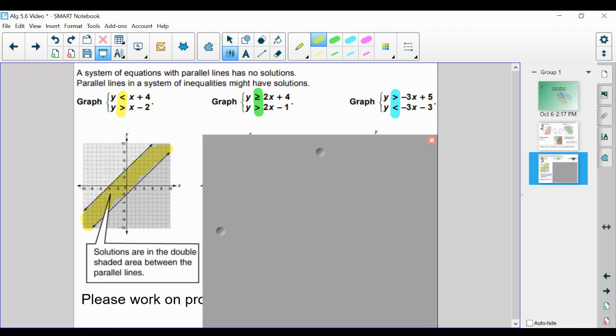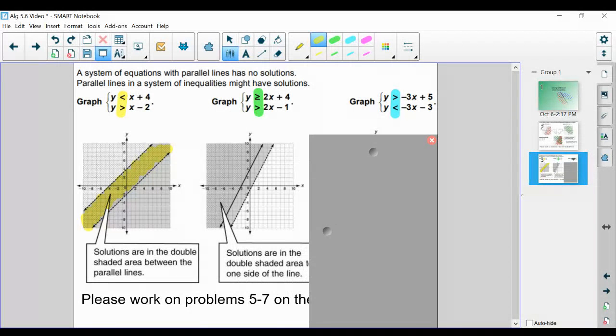The second set, this is when we have a greater than or equal to and a greater than. You're going to notice that solutions are in this shaded area, and that's going to be on one side of the line because both of these linear inequalities, I should say, have shading going on above the line. So your solution is going to be like such. It's going to be above one of the lines.